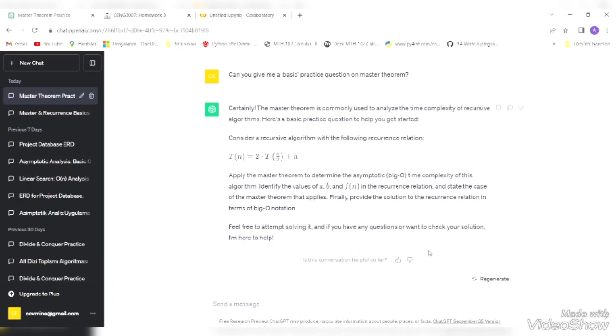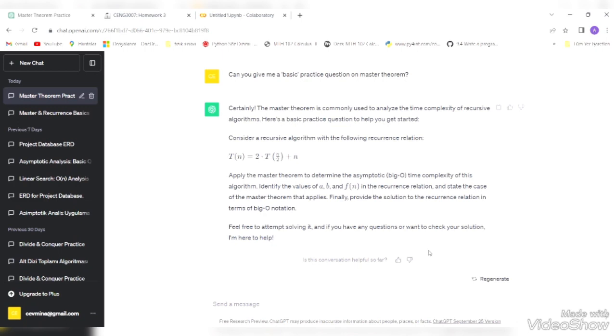The master theorem is often expressed as T(n) = aT(n/b) + f(n). In our case, a equals 2, because we have two recursive calls, b equals 2, since the input size is halved in each recursive call, and f(n) = n represents the non-recursive work done per level.